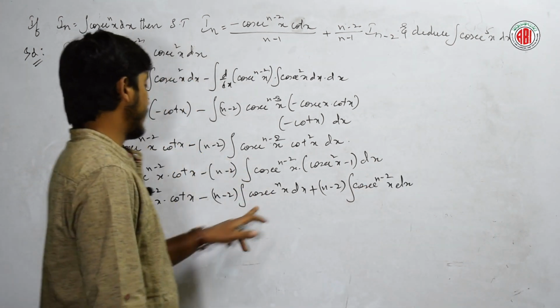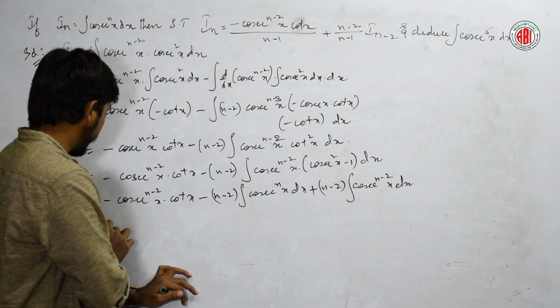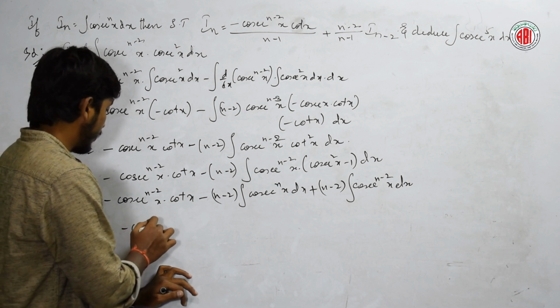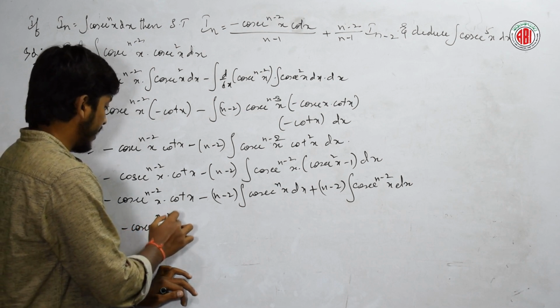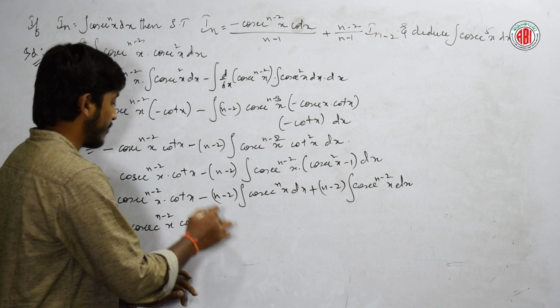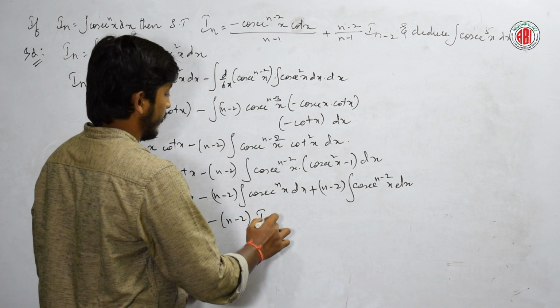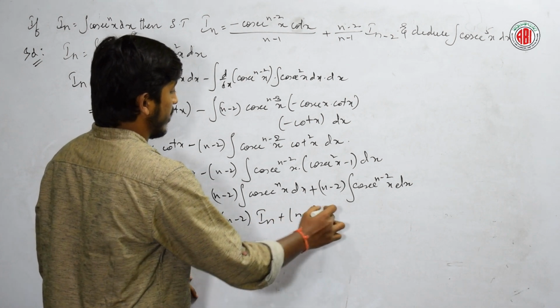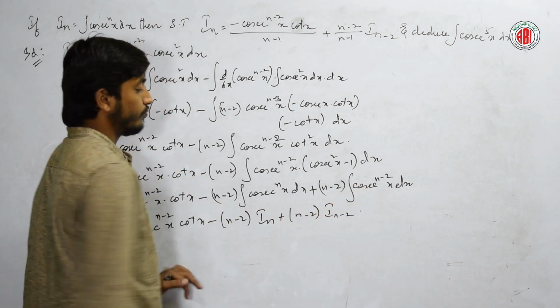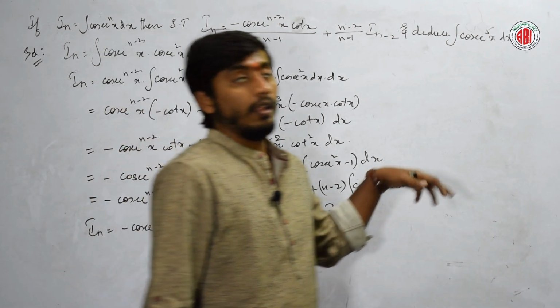Now, what is this? I n is equal to minus cosecant power n minus 2 x cot x minus n minus 2 into I n plus n minus 2 I n minus 2. Is it fine? Okay.